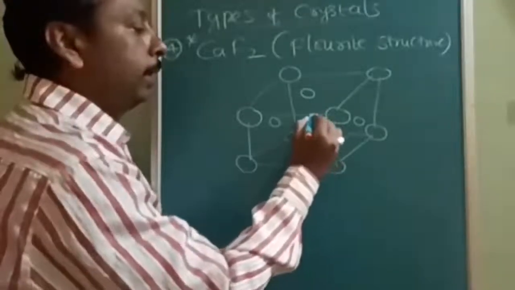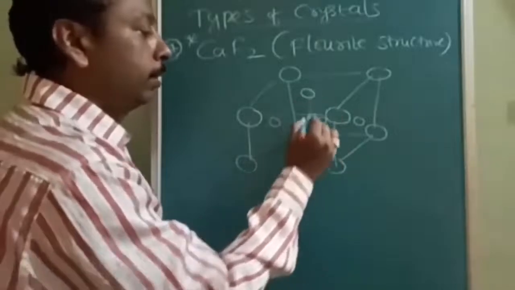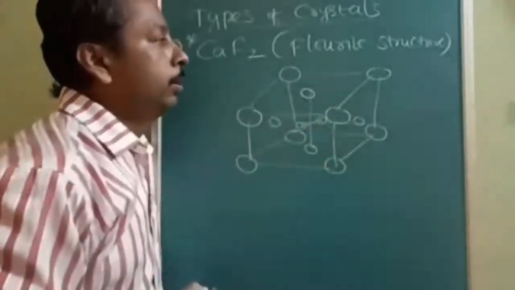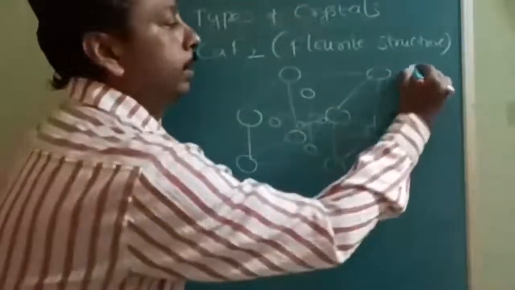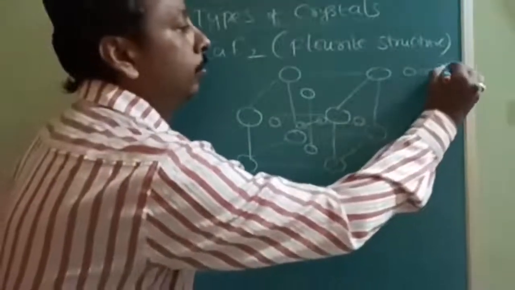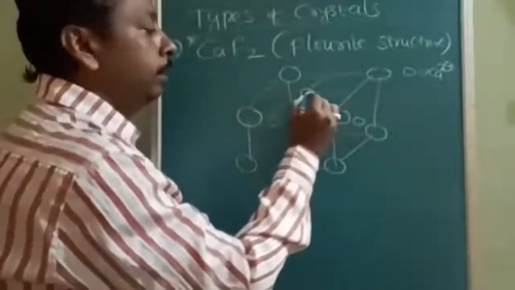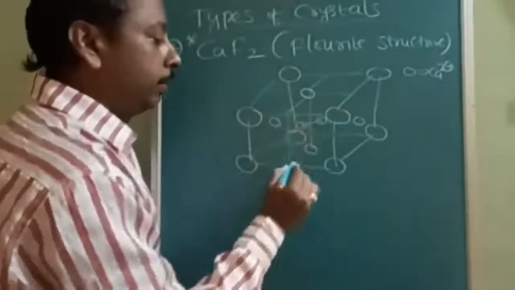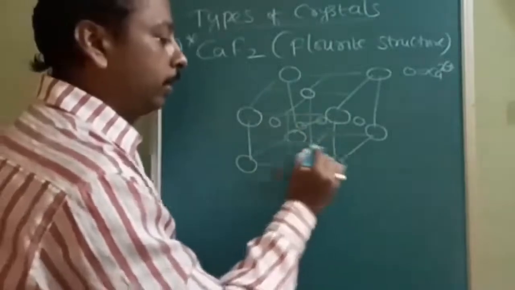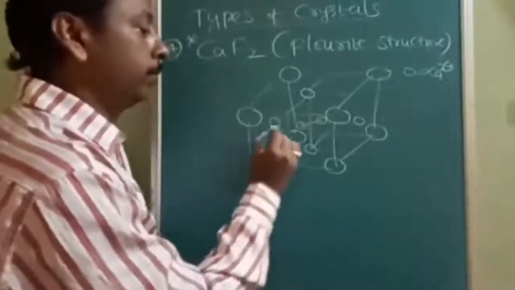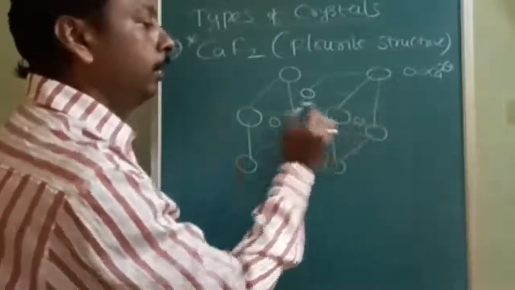This circle represents Ca2 plus. Now fluorine will be at the body centers of all subcubes. Like this.